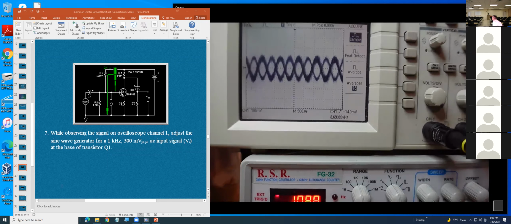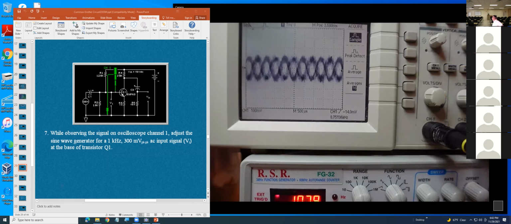This is the signal. Okay, what is the scope telling you?